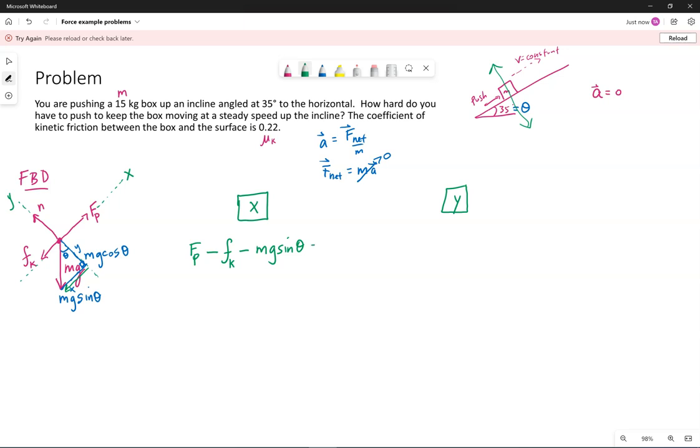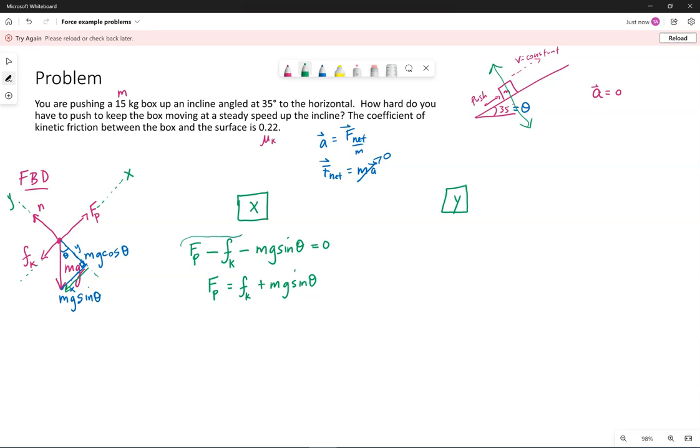All of this together has to equal 0, which, of course, I meant to just balance in the first place. That pushing force up the incline is counteracting the friction force and the component of gravity pointing down the incline.